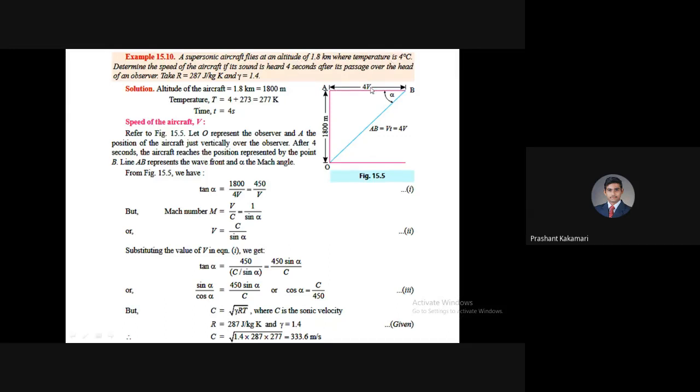So 4 seconds into meter per second, if I multiply, I can find the distance in meters. That's why the AB distance they have taken is 4 into V. Now one can find out alpha. When the opposite and adjacent lines are known, you can apply the tangent of the angle and find the Mach angle. This point is clear to all, how they have taken the vertical and adjacent distance.